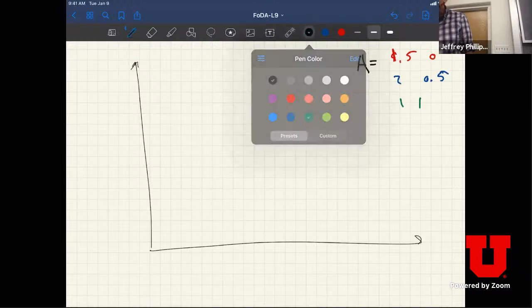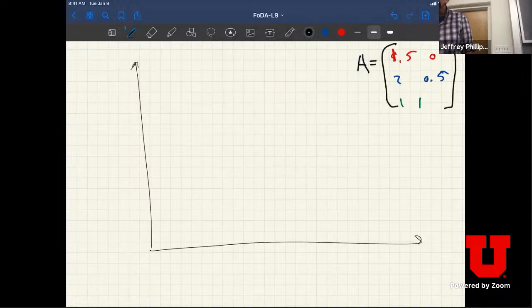So this is going to be 3 vectors here, and I can draw each of them. The x coordinate 1.5, 0. The blue one is going to be 2, 0.5.